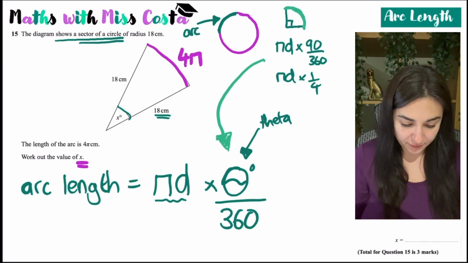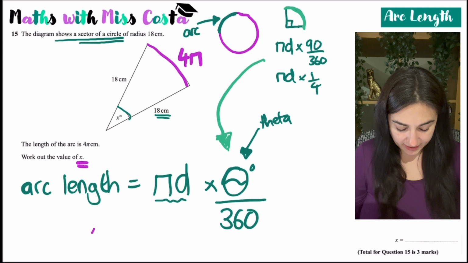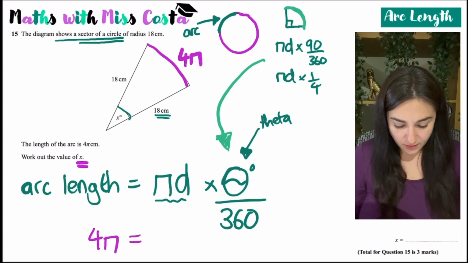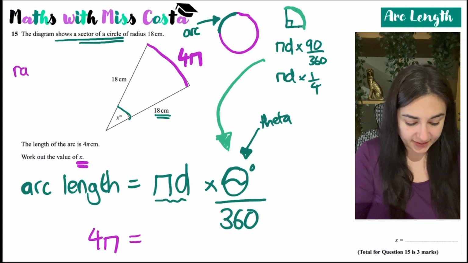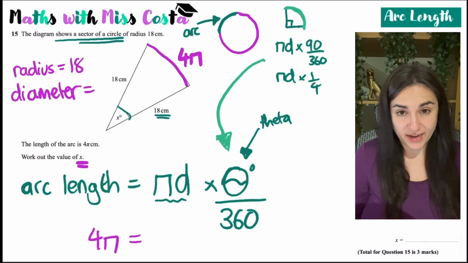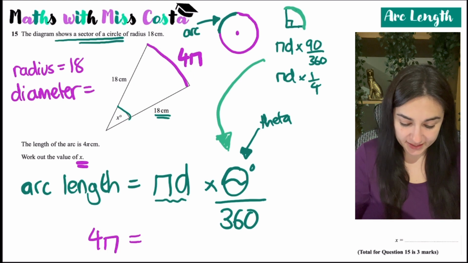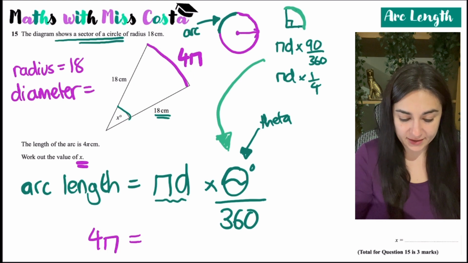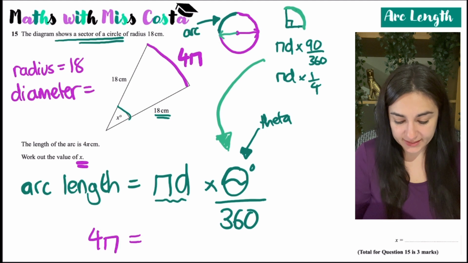So if I know that, what I can do is substitute the values that I've been given. So I've been told that the arc length is 4 pi. I know that the radius is 18. And I know that diameter is double the radius. Remember in a circle, the radius is from the center to the outside, and the diameter is from one edge of the circle to the other.